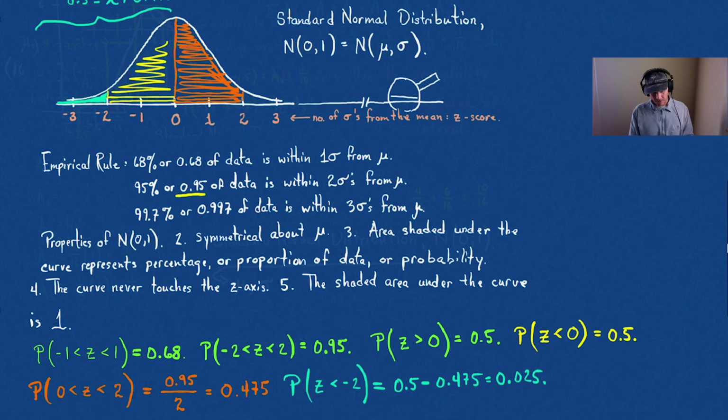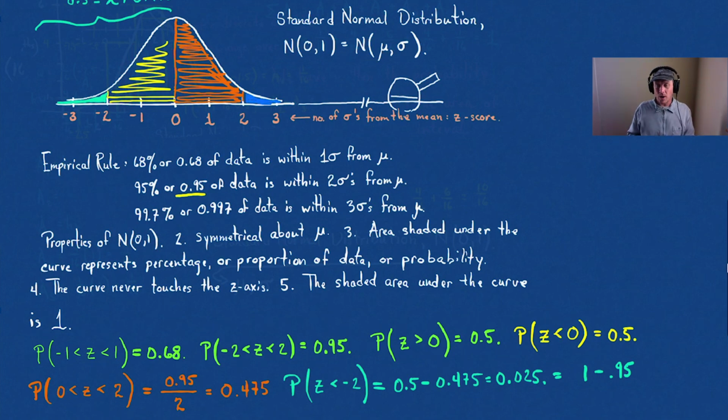Okay, another way you could have done that is this. The whole curve is 1. And I know that if I look in between those two curves, that's 0.95. So if I do 1 minus 0.95, then I'd get the little blue region, plus another blue region, this right tail.